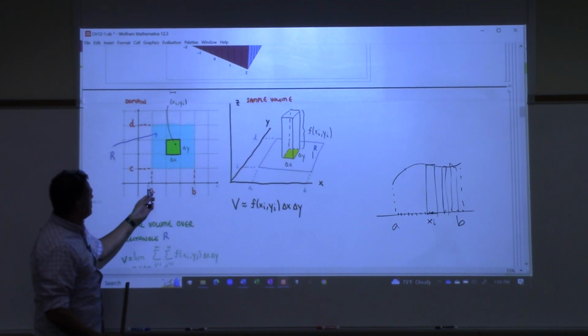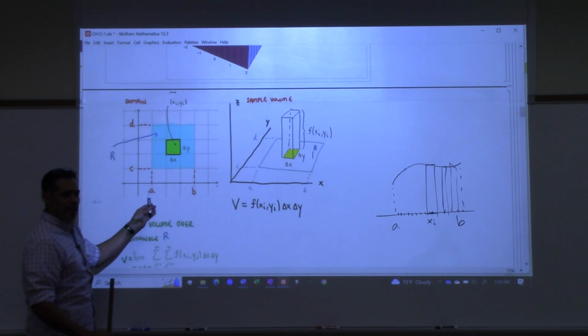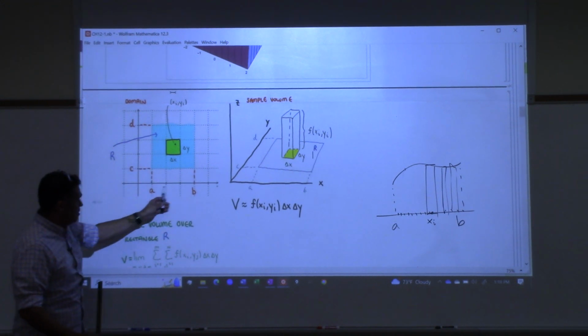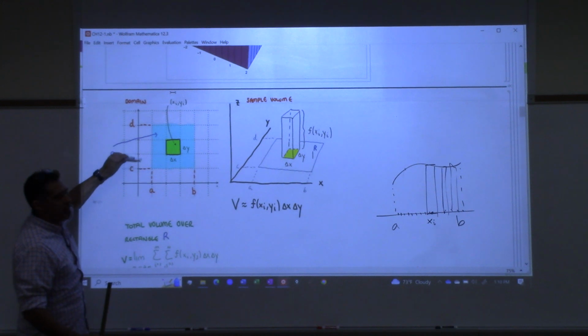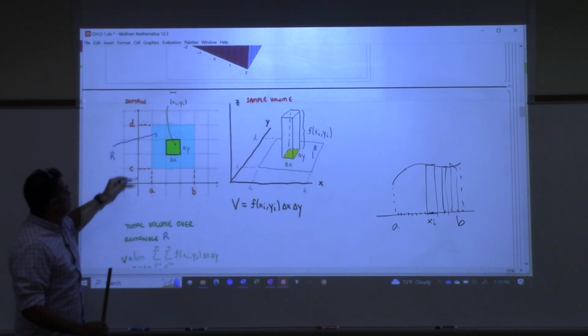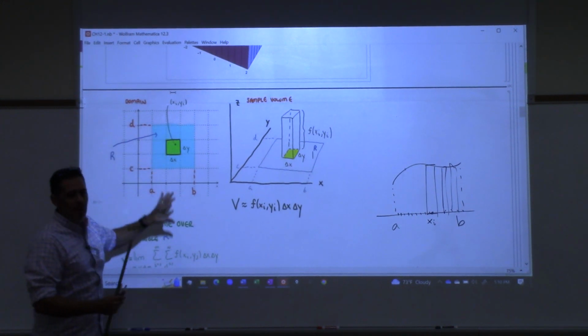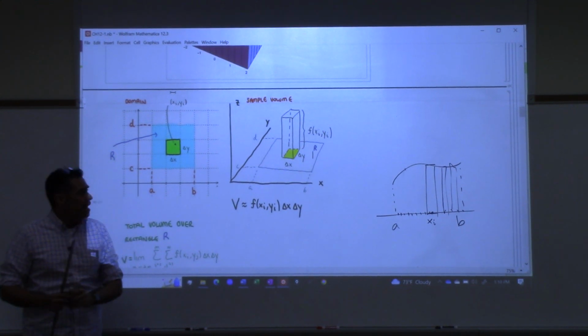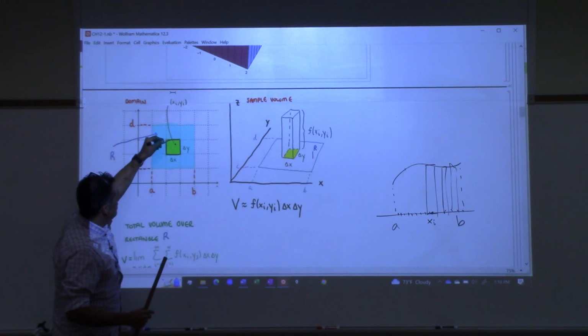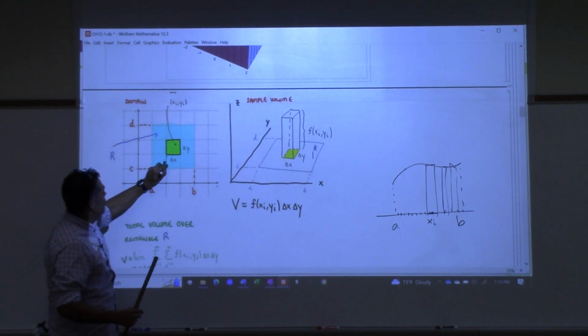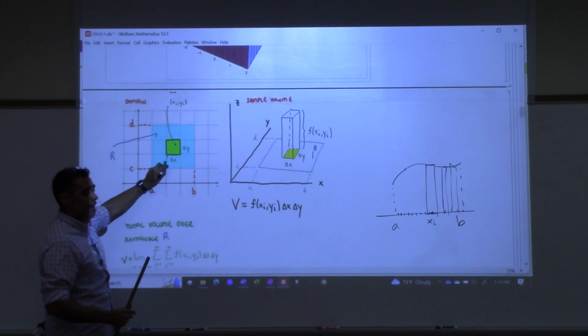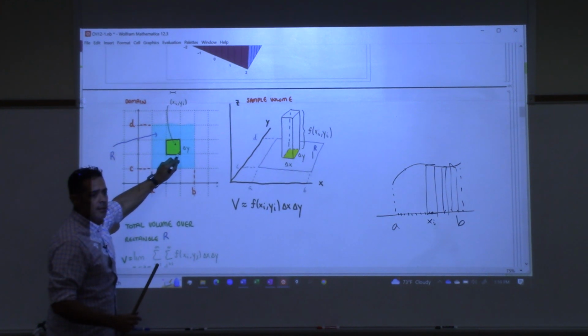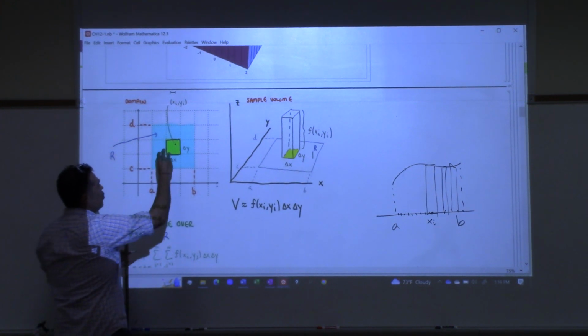So our x's are restricted between two constants, A and B. Our y values are restricted between C and D. So we take that and we cut that region up into a bunch of little rectangles, or a bunch of little squares. And each square within that region will have a delta x and a delta y. So a little change in x and a little change in y.